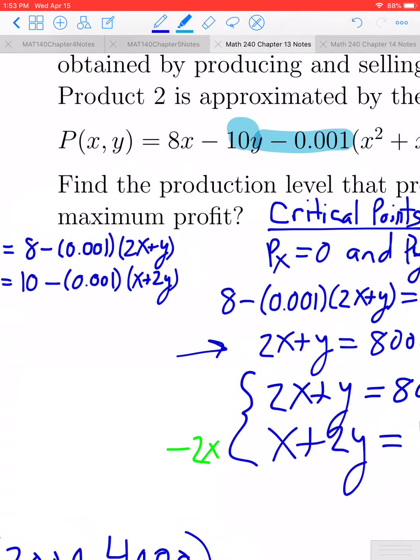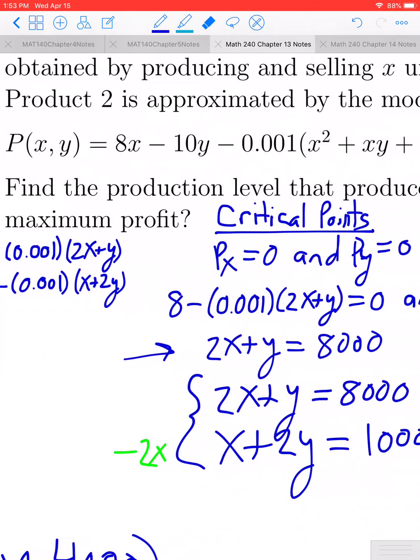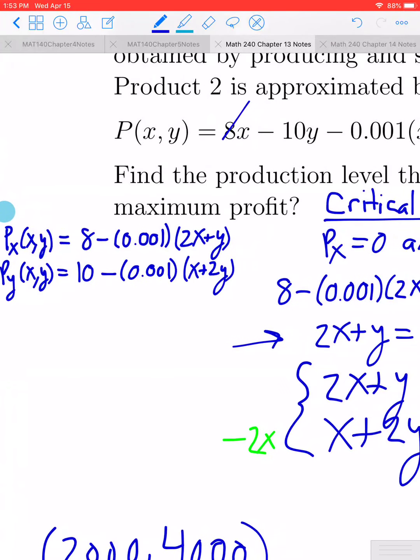We now want to find the partial of P with respect to y. This term would be 0 because with respect to y, x is a constant. The derivative of 10y would be 10. Actually, I'm sorry, this is a typo. In the notes it should be positive 10. Should be a positive 10 here.